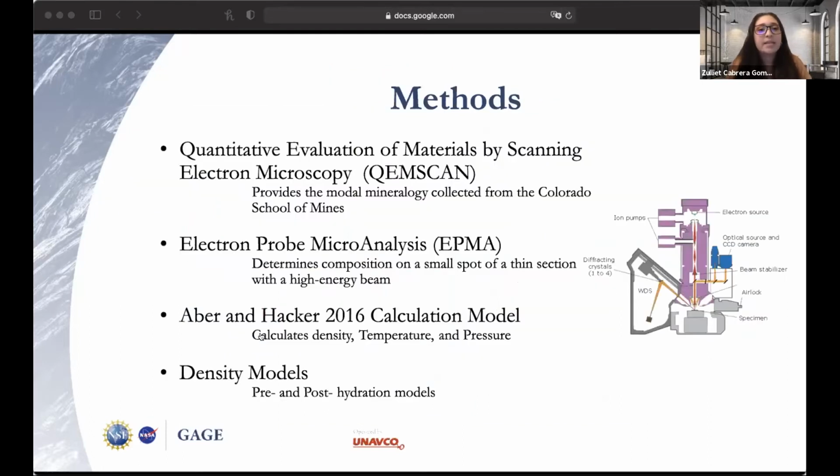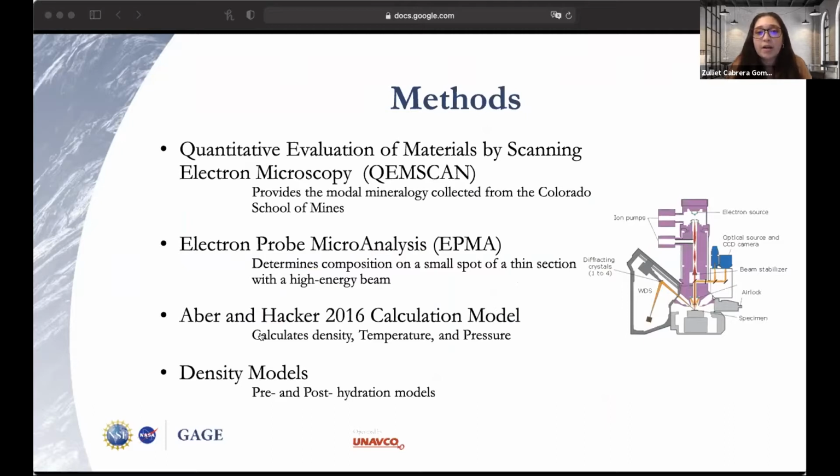These samples were then taken for a quantitative evaluation of materials by scanning electron microscopy, otherwise known as a ChemScan. And the ChemScan provides us with modal mineralogy, which is collected from the Colorado School of Mines. Our samples then underwent an electron probe microanalysis, otherwise known as an EPMA.